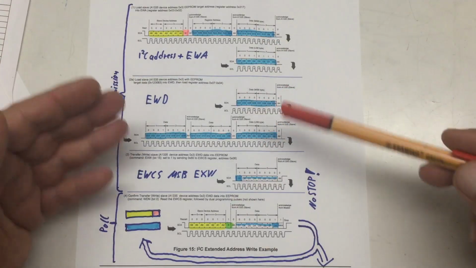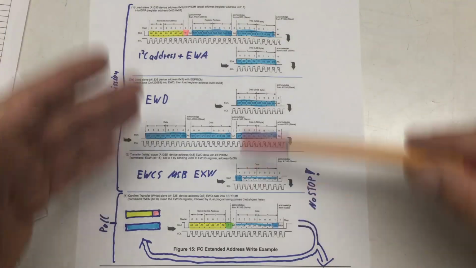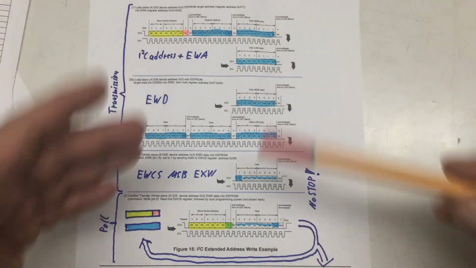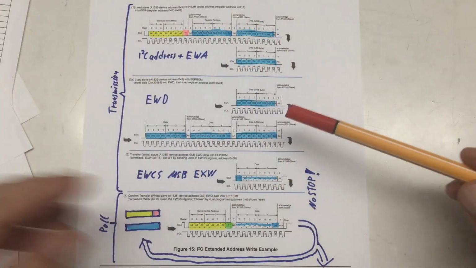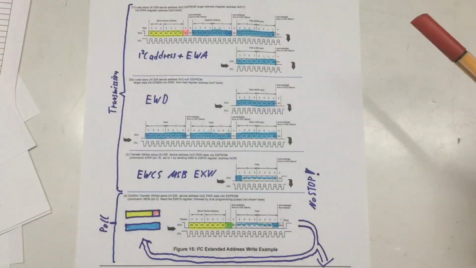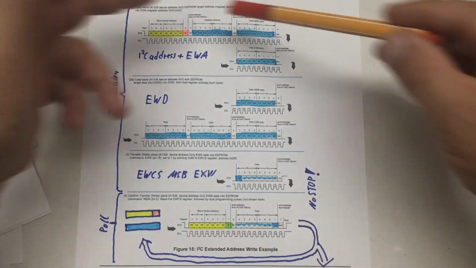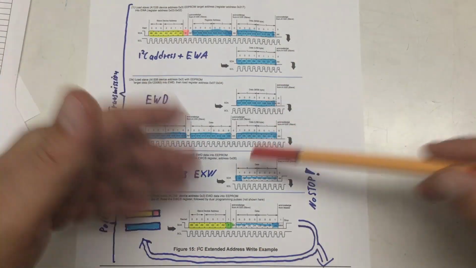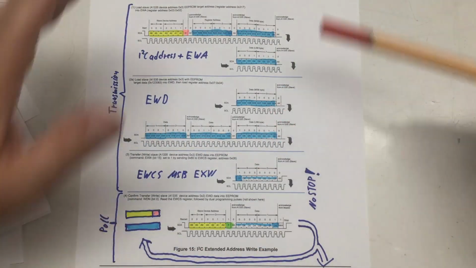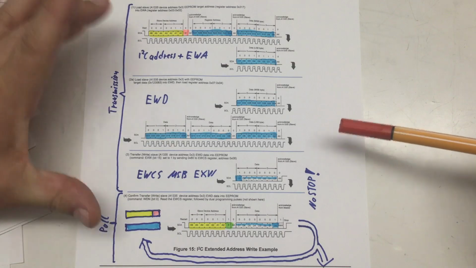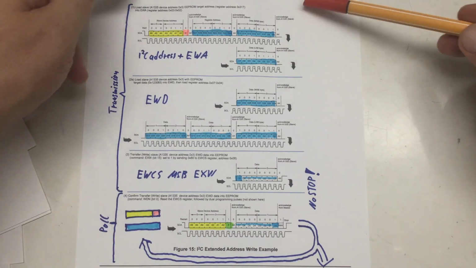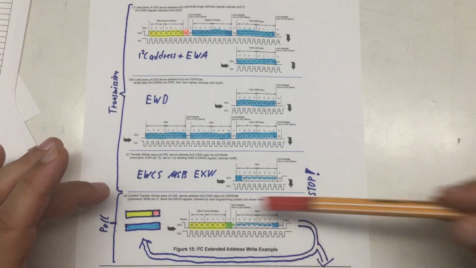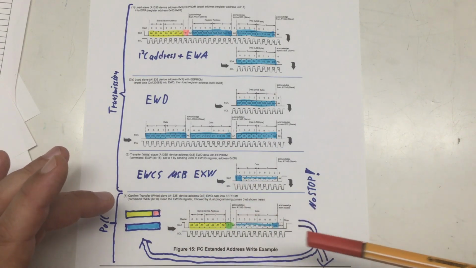The programming reference also provides here a detailed I2C diagram for writing the extended addresses, as we had one here for reading from the extended addresses. However, that is similarly misleading. So anyway, just as an overview, we start with the transmission and then we go into our polling loop.